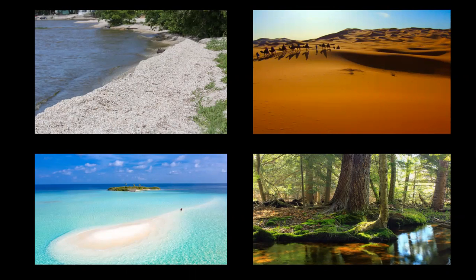The bottom left is a sandbar. I don't know if you can see them or not, but there's a couple of people walking out on that sandbar out in the middle of the ocean. And down on the bottom right, we see a swamp where water has come down in rivers and then slowed way down and dropped tons of sediment into a swamp.